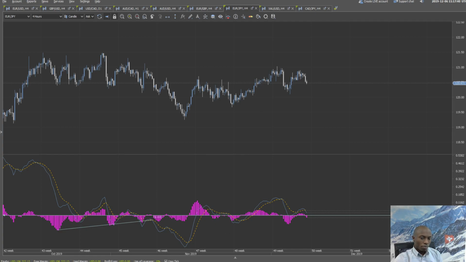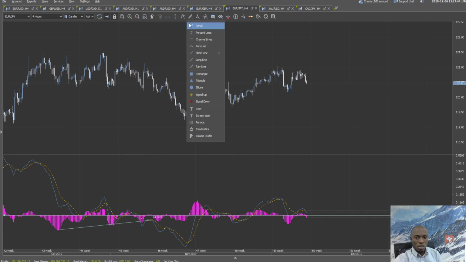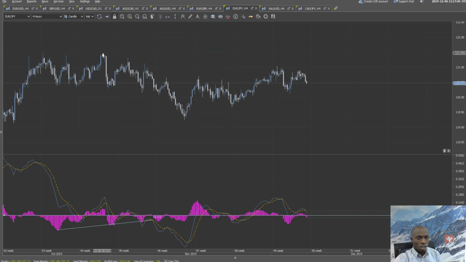You can see the price is showing that it's going to the upside there, but when you take a look at the chart, it's kind of going downward. So this is how you indicate the convergence or the divergence of the MACD indicator.